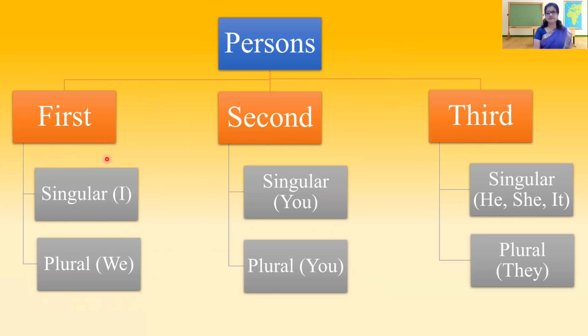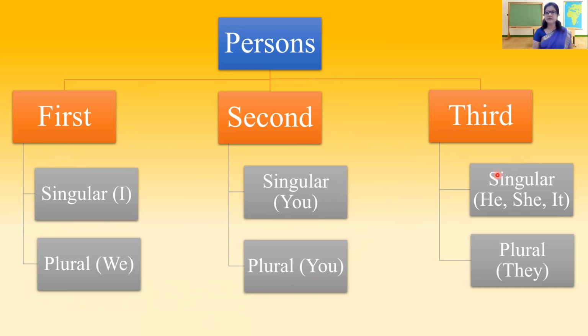First person: singular, I; plural, we. I am going to the market, singular; we are going to the market, plural. Second person: singular, you, and plural also, you. You are going to the market, singular; you are going to the market, plural. Third person, this is very, very important in present tense.